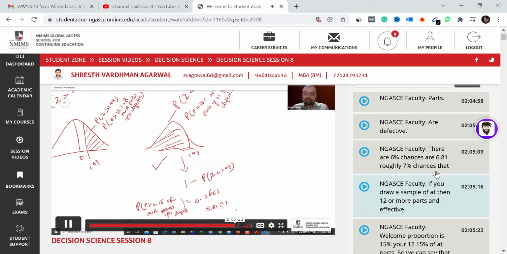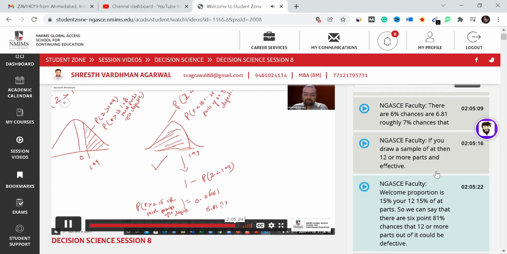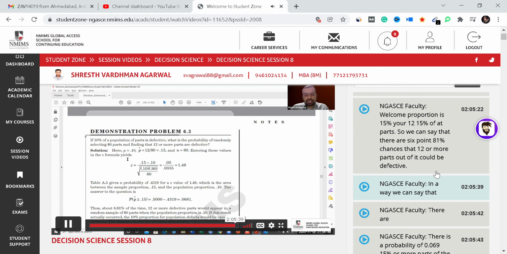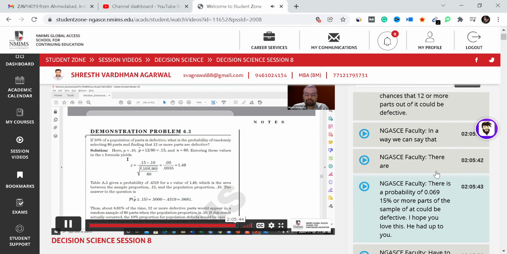So the proportion of 12 is 15%. The 12 parts are 15% of 80 parts. So we can say that there are 6.81% chances that 12 or more parts out of 80 could be defective. In a way, we can say that there is a probability of 0.06 that 15% or more parts of the sample of 80 could be defective.